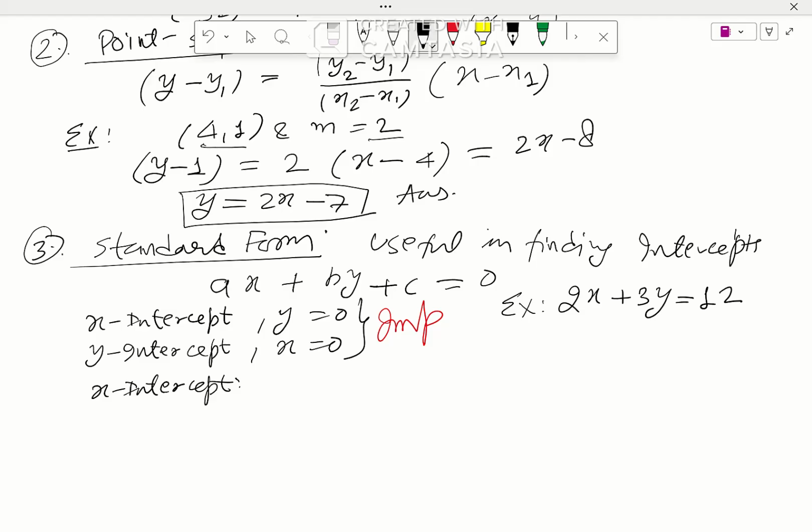We simply put y is equal to 0 in the equation. That will give you 2x plus 0 is equal to 12, or x is equal to 12 by 2, which is 6. So the intercept is 6, 0.